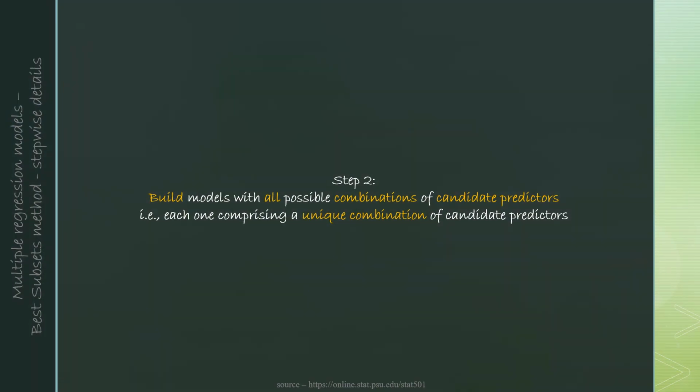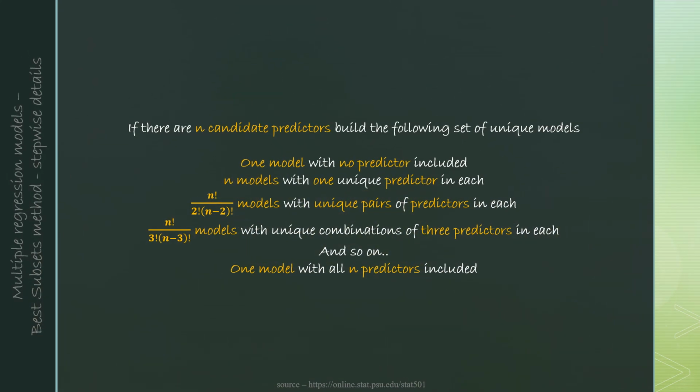Step 2. Build models with all possible combinations of candidate predictors. That is, each model comprising a unique combination of candidate predictors. For example, if there are n candidate predictors, build the following sets of unique models.